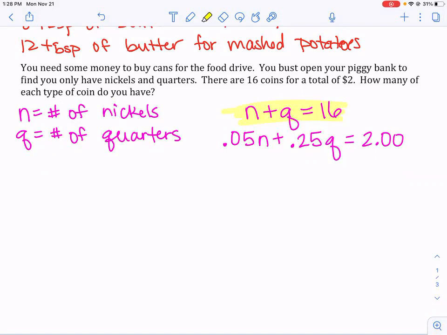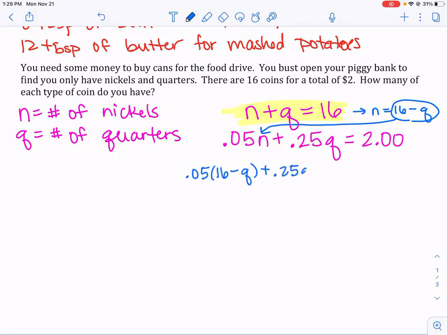Preston, which variable did you solve for? You wrote that N equals 16 minus Q. And then we can take 16 minus Q and plug it in for N, right? So 0.05 N plus 0.25 Q equals 2.